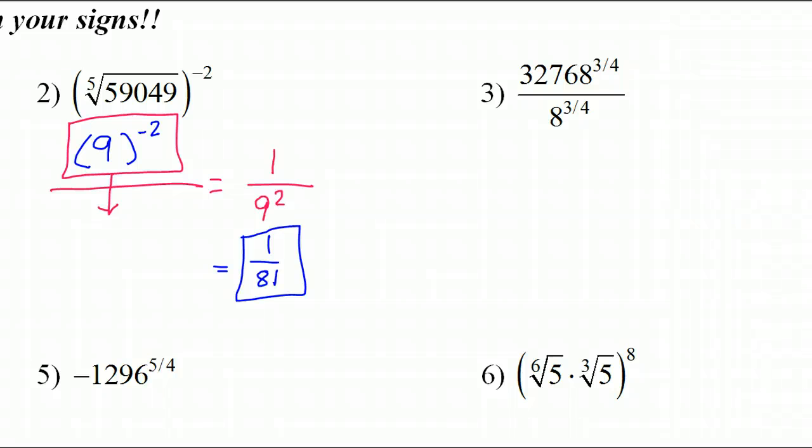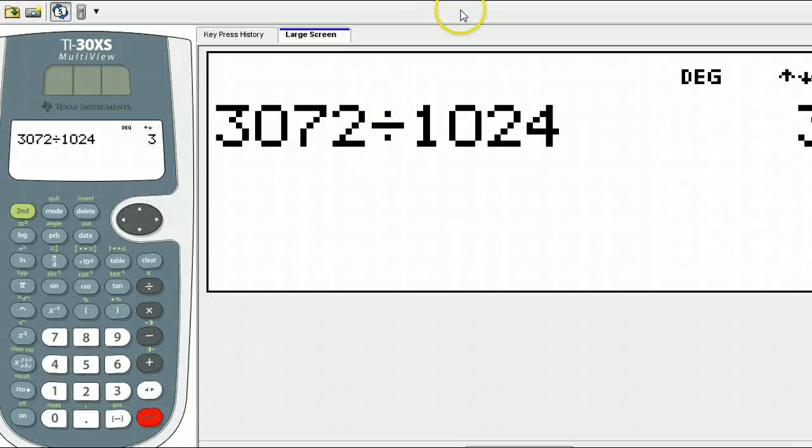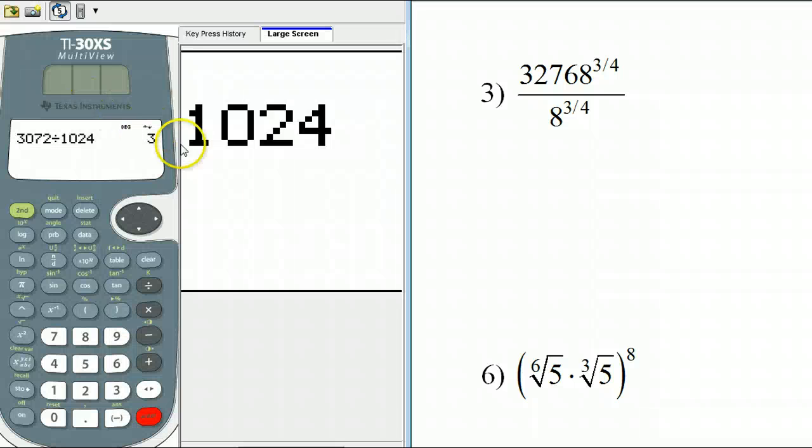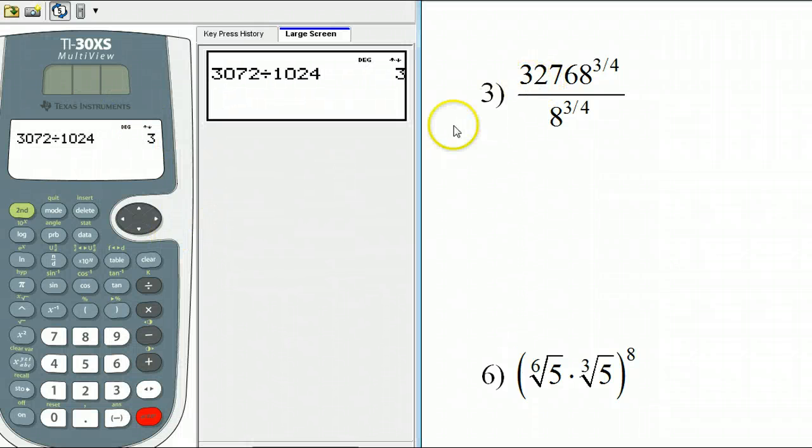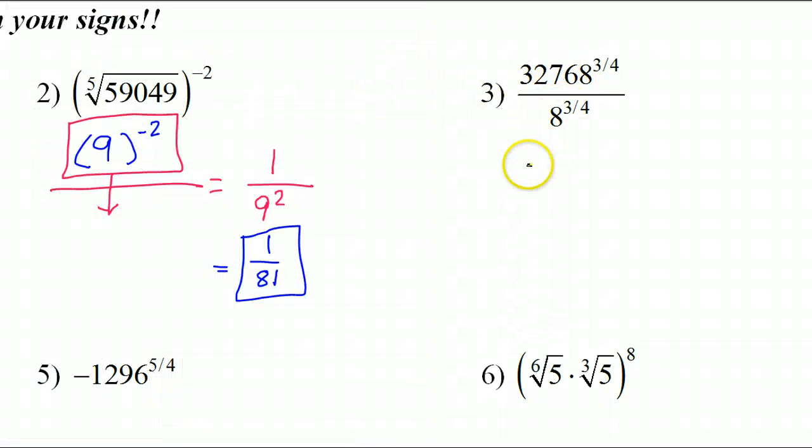So take your bootleg 4-function calculator and go ahead and do 32,768 and divide by 8. I get 4,096. So that means I have 4,096 to the 3/4 power.